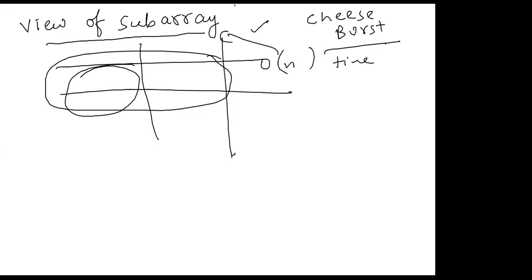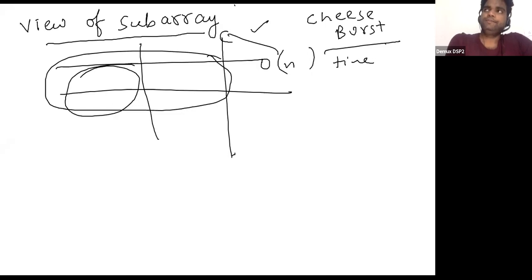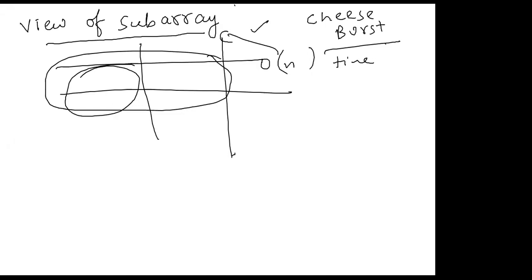Sir, suppose we have stored up till now every prefix sum, like the count of subarrays starting from 0. Basically we have maintained how many subarrays starting from 0 have this prefix sum. And we are also maintaining a prefix sum.